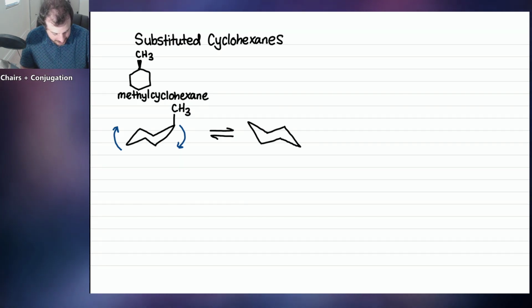Now this carbon right here becomes this carbon right here, and the CH3 group needs to stay facing in the upward direction. So it's still pointing up, but now look what's happened. The CH3 group has switched from being in an axial position to an equatorial position. So this was axial, and now the CH3 is equatorial.